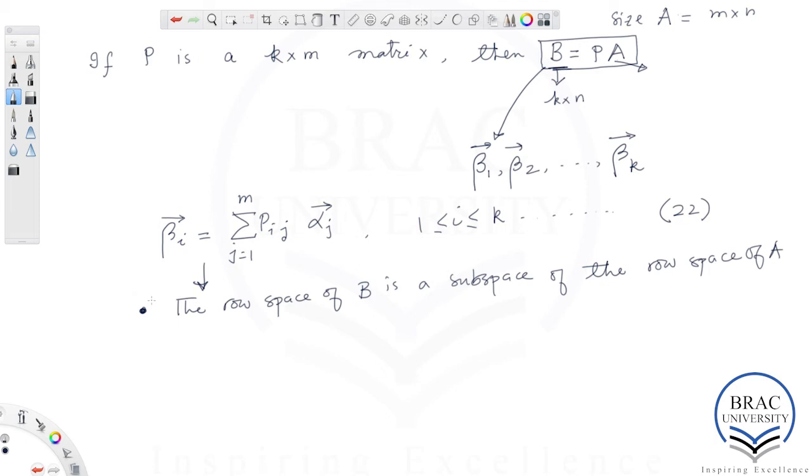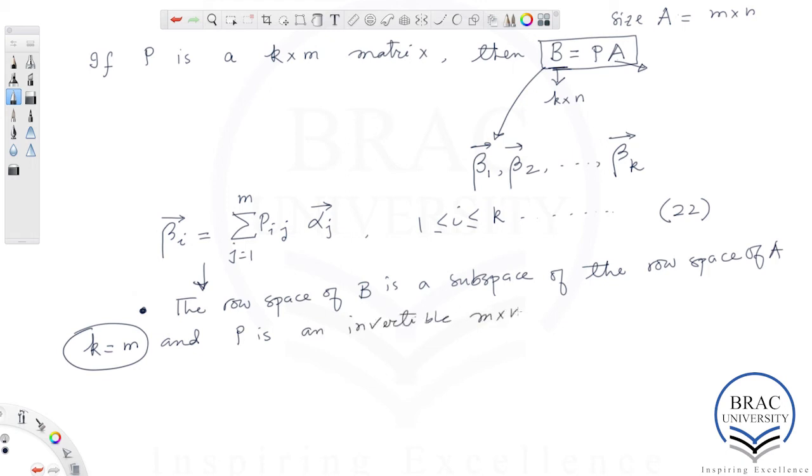Now take the special case where k is equal to m and P is an invertible m times m matrix.